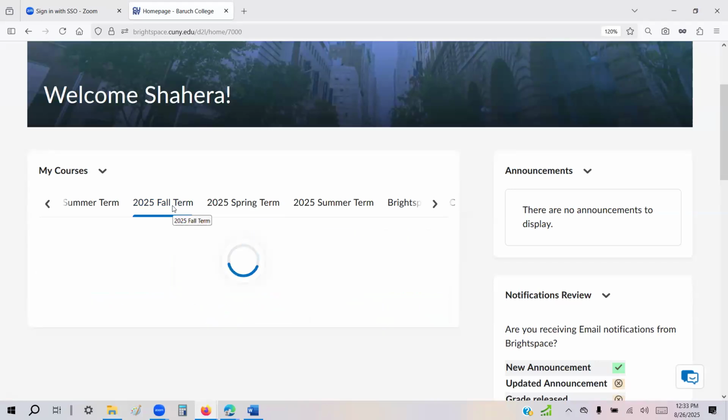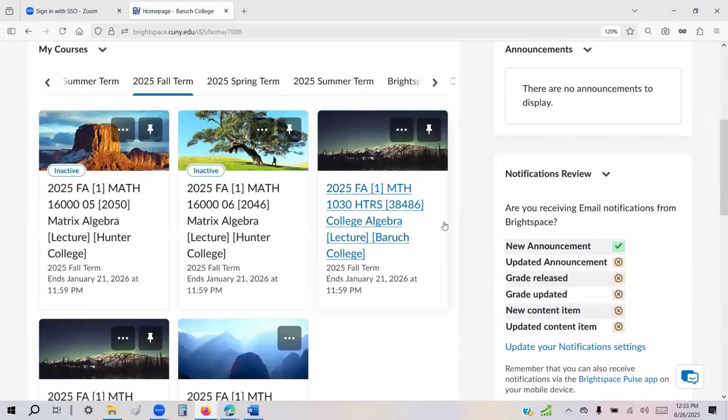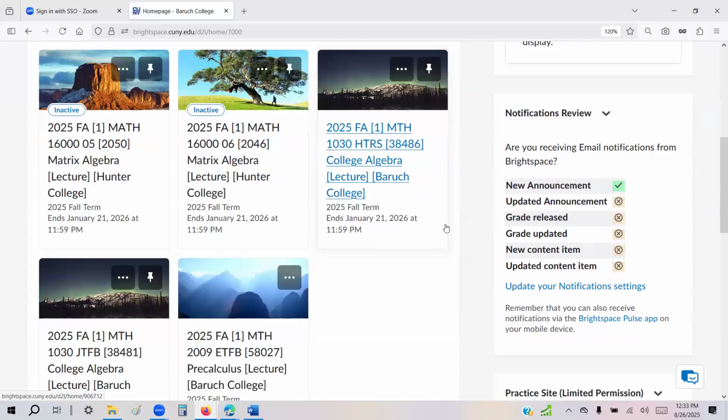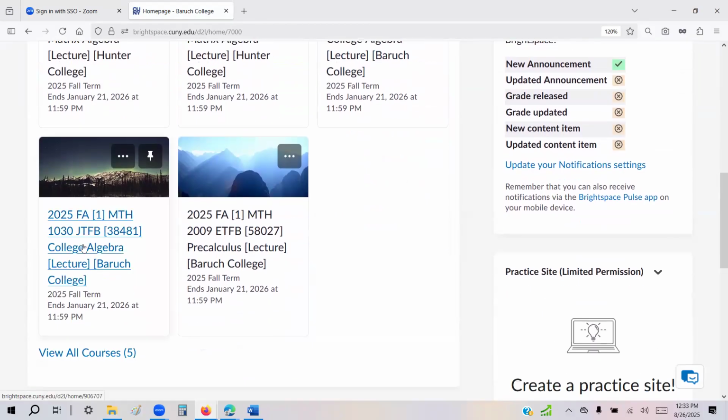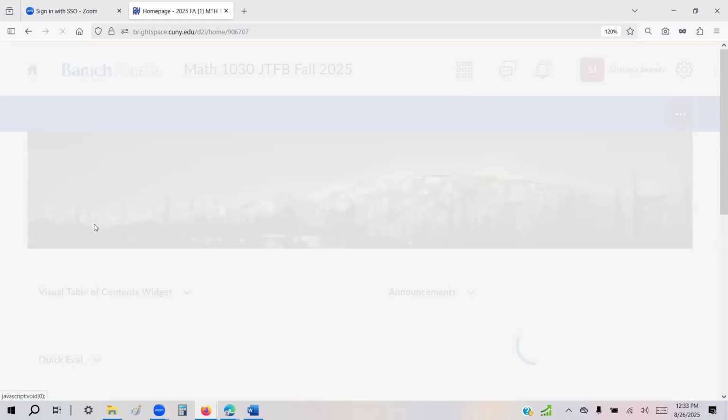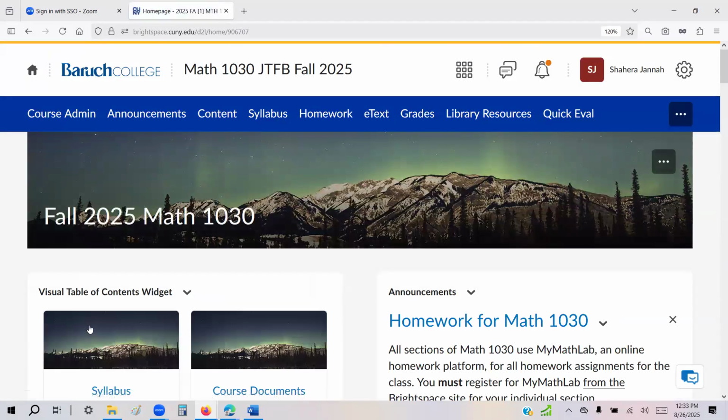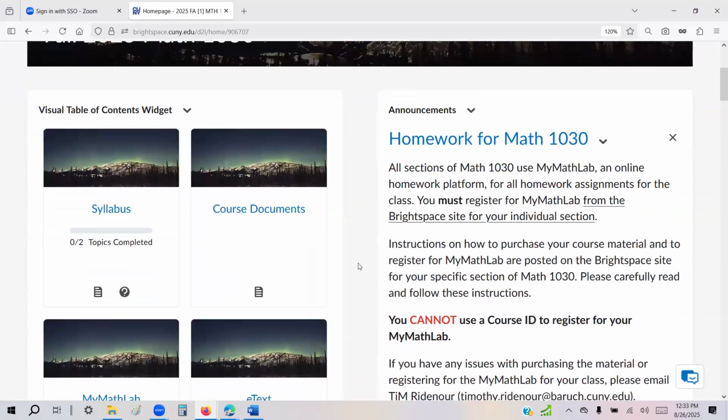Fall is here. So, yeah, it's that one. Our class is JTFB. So every class has their own symbol, some letters, some thing. So you click on JTFB. I didn't put much material yet from my side, but the department put so many things.